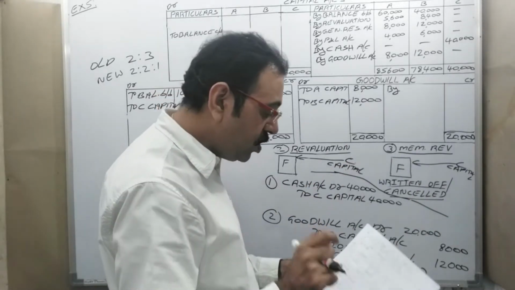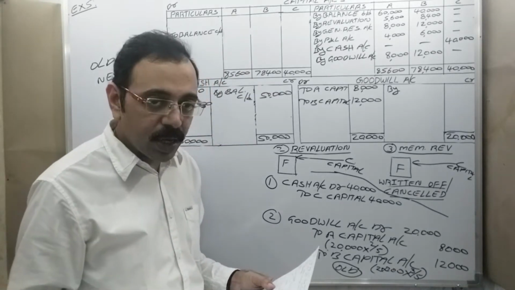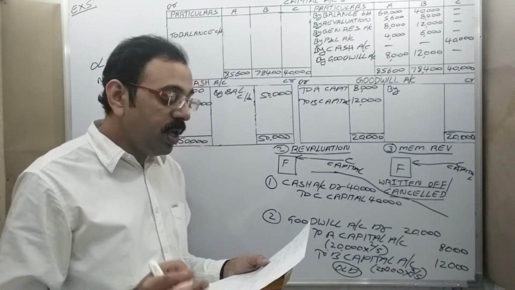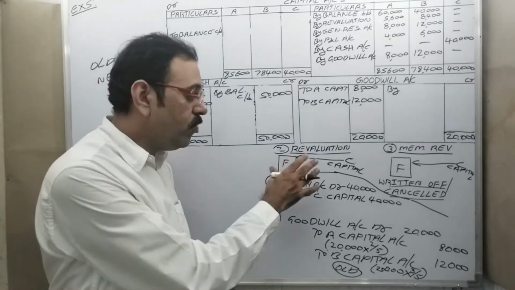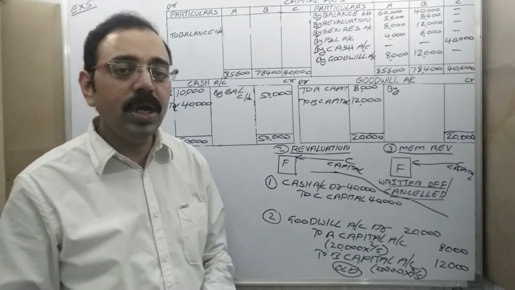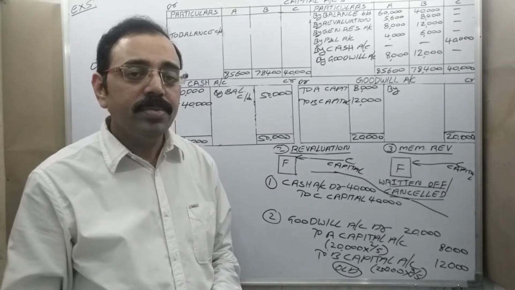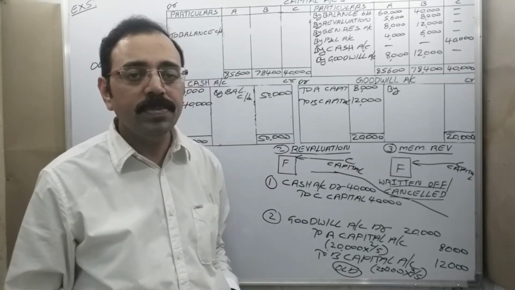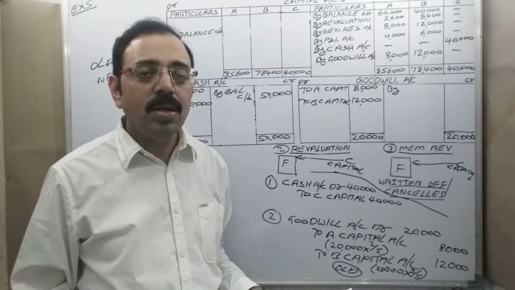Then see the continuation. Goodwill of the firm is valued at 20,000. This is to be written off immediately. So they want to follow Accounting Standard 10. According to that, this created goodwill we should not show in the books. In the new balance sheet, on the asset side, we should not show the goodwill.